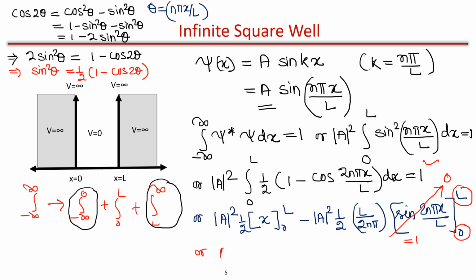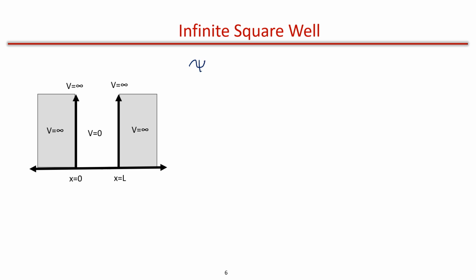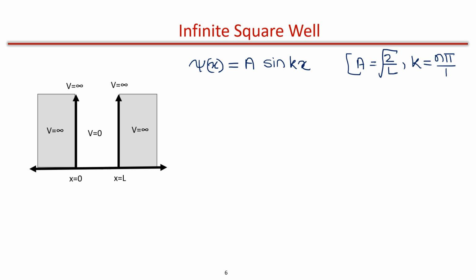Again, you can write a square (L minus 0) by 2 is equal to 1, or a square is equal to 2 by L, or a is equal to root of 2 by L. So we have obtained psi x is equal to a sine kx, where a is equal to root over 2 by L and k is equal to n pi by L. As k is a function of n, sometimes we may write this as k n.